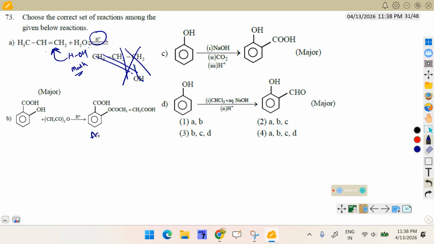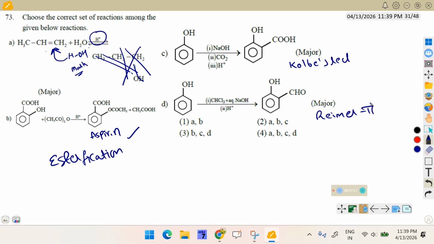Aspirin formation is an esterification process, so B is correct. This is the Kolbe reaction, correct. This is the Reimer-Tiemann reaction. So B, C, D are correct.